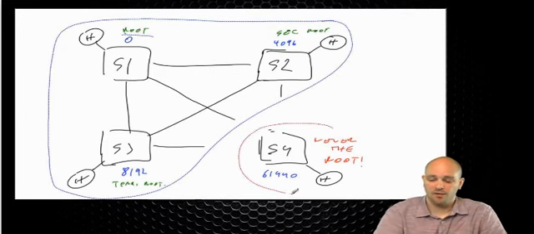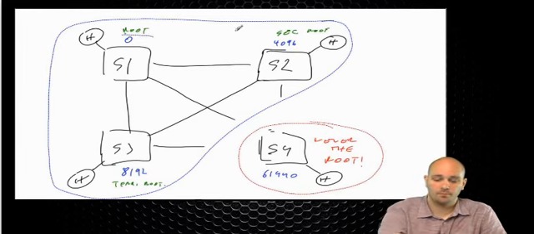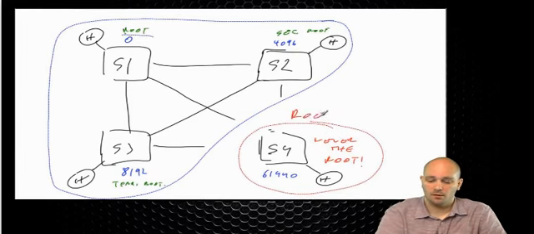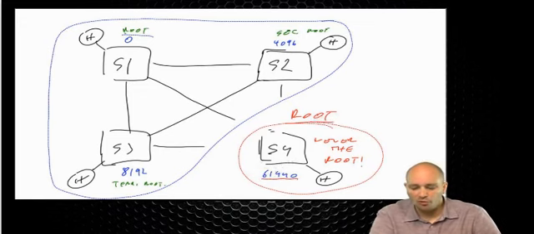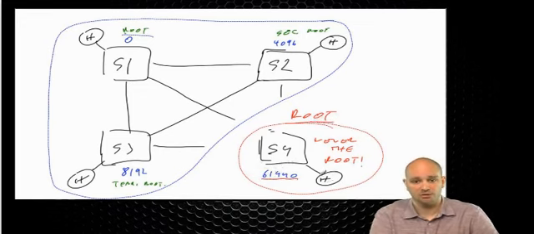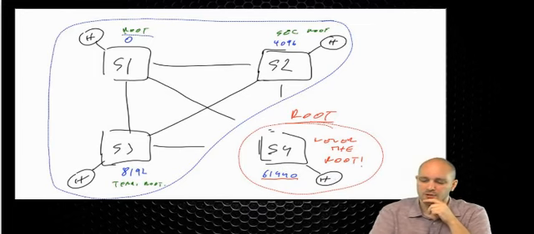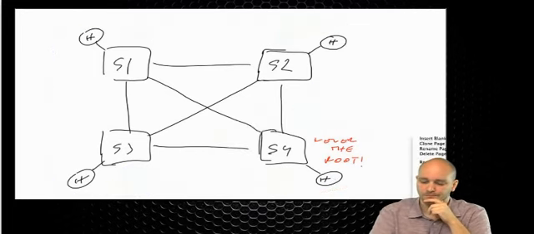But in this network here, switch 4 is the root because it has the lowest priority of all devices in this network. This is just a host. This is not a switch. So have we satisfied the requirements of our task now? Not really. So let's go back to the drawing board.